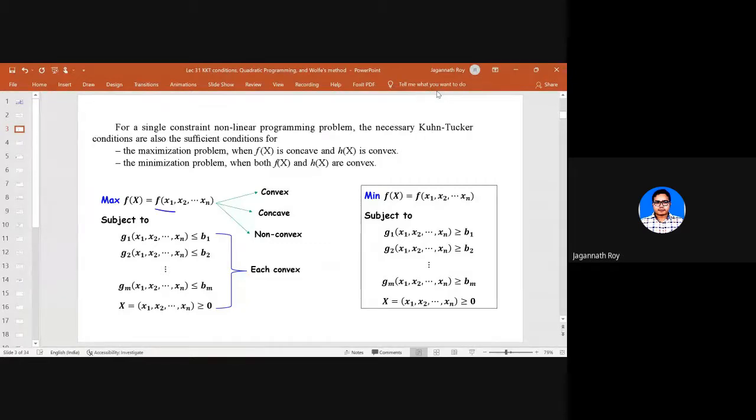This objective function can be convex, concave, or non-convex. A non-convex function we have defined like this: take any two points, the chord is sometimes below the curve and sometimes above the curve. So this is neither a convex nor a concave function; it is a non-convex function.